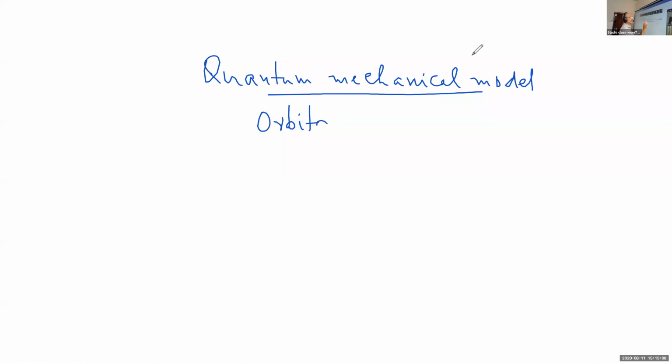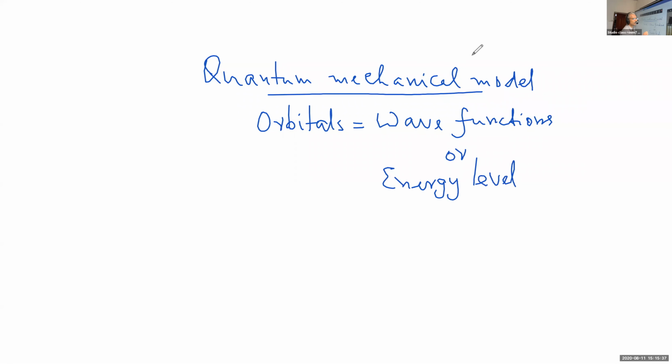In the quantum mechanical model, orbitals are known as wave functions, or these are also known as the energy levels of electrons. Do you remember?